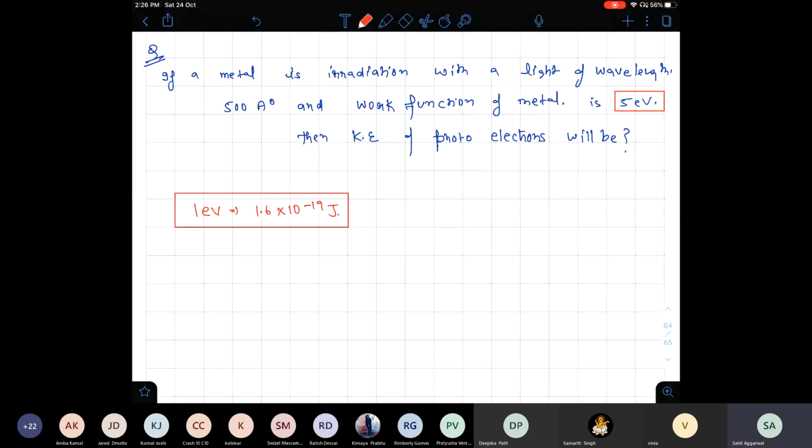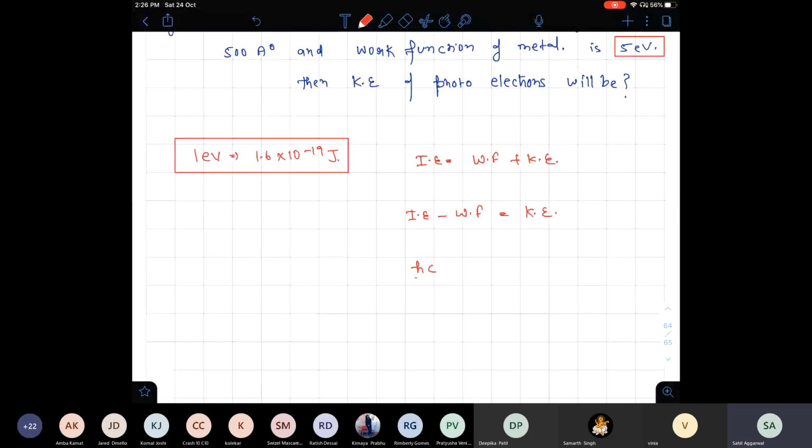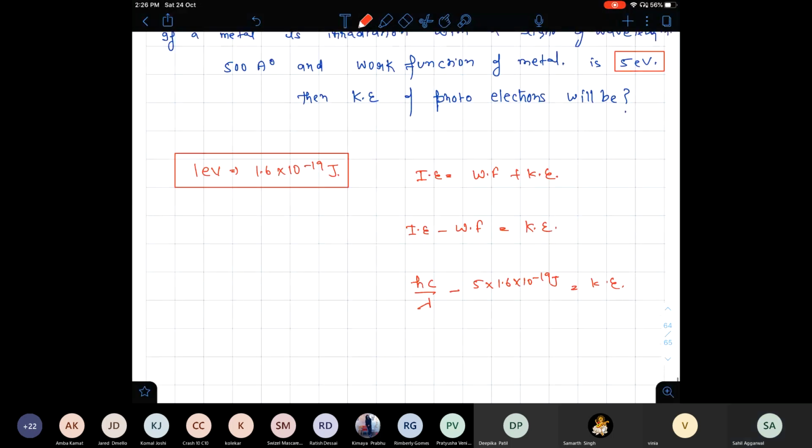Though you can apply the equation: incident energy equals work function plus kinetic energy. So incident energy minus work function will be equal to kinetic energy. Incident energy will be hc by lambda, minus 5 into 1.6 into 10 to the power minus 19 joule, will be kinetic energy.